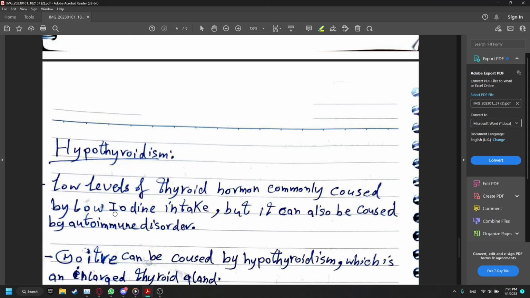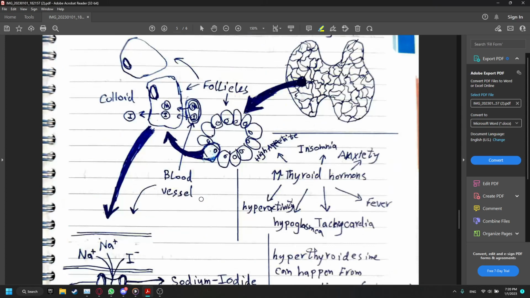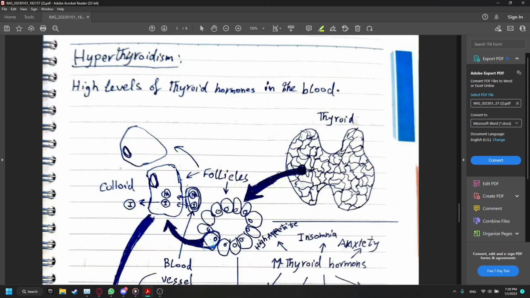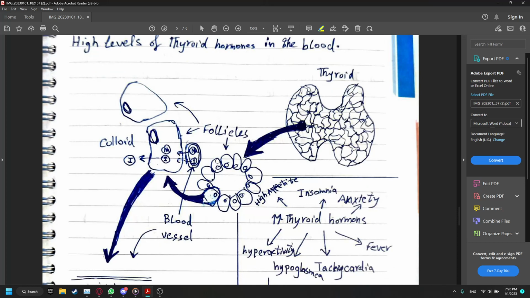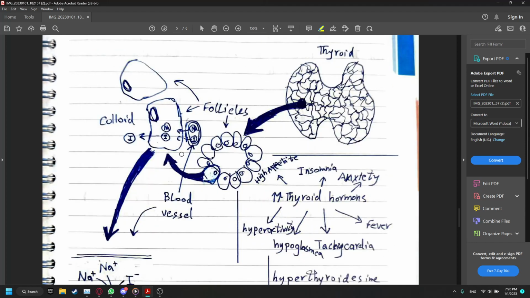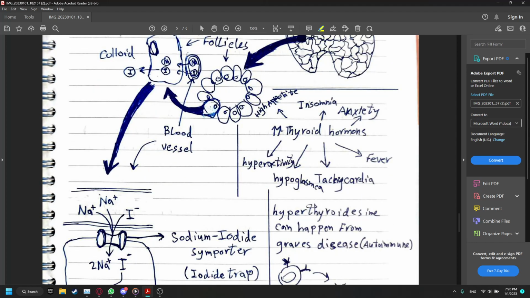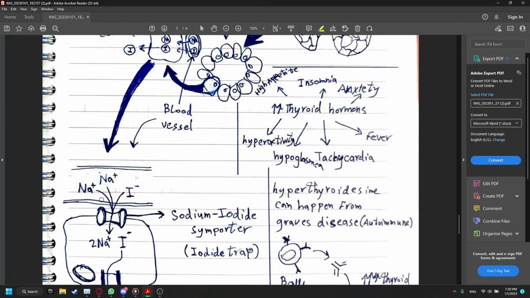But the main idea is that iodine is very important for the production of thyroid hormone. How is that? I'm going to explain here. The thyroid has follicles and colloids, right here, and here is the blood supply.